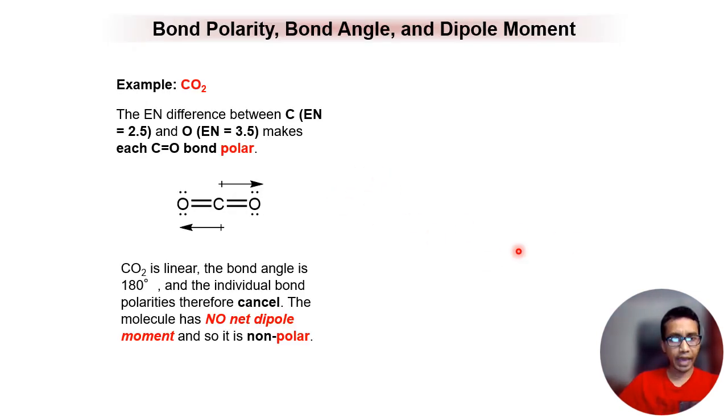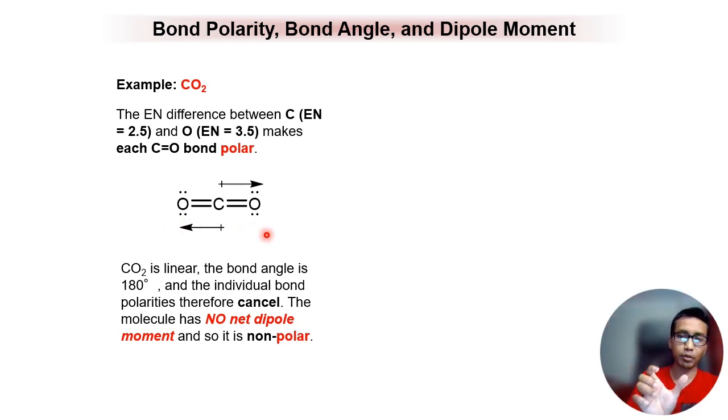So we will look at the example of CO2. In case of CO2, carbon is more electropositive, or less electronegative, compared to oxygen. So once again, you can see the arrow. This part looks like a positive sign. So carbon is less electronegative, and oxygen is more electronegative. So we will have a polar bond or dipole moment in this direction, C-O, and another dipole moment in the exact opposite direction.